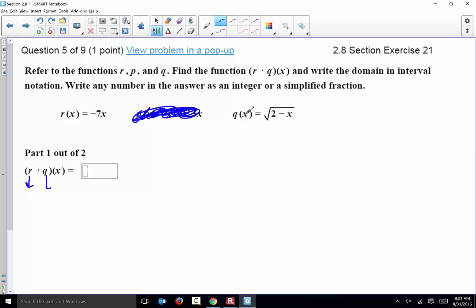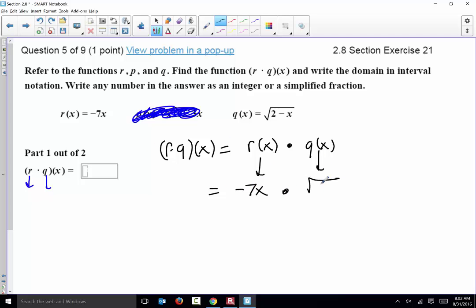So R and Q is multiplied, and the formula says if you see the dot R cube X, you need to just write R and Q and put a multiplication dot in the middle. Simply replace R by the given formula, Q by the other given formula, and simplify if possible.